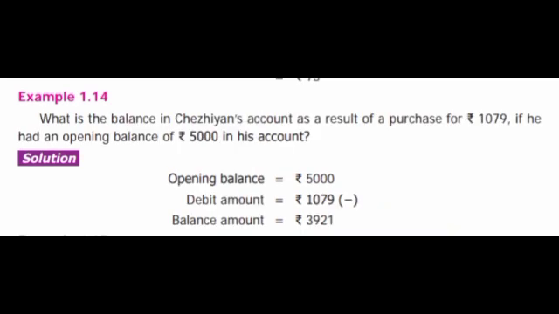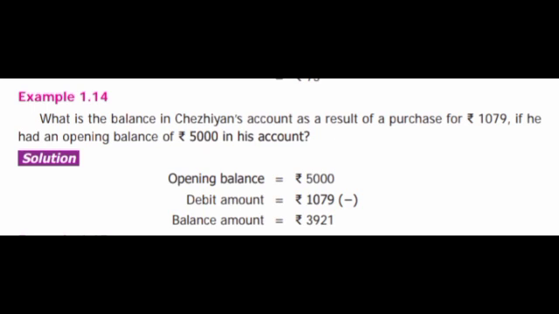Next, example 14. What is the balance in Chelian's account as a result of a purchase for rupees 1079 if he had an opening balance of rupees 5000 in his account? Solution for this question. His opening balance equal to 5000 rupees.